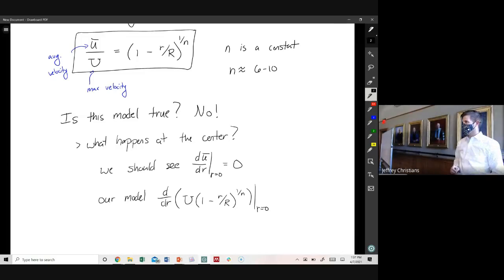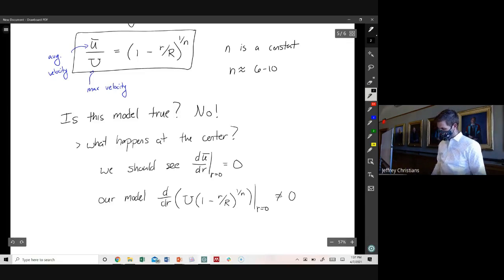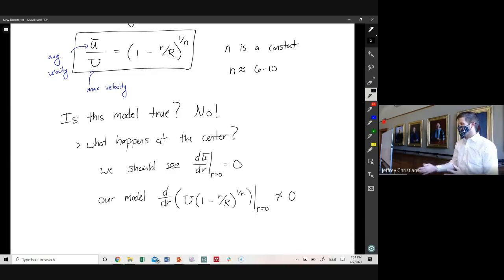You can do this at home, or you can just trust me that that doesn't equal 0. We could take the derivative and evaluate it at 0. It should be equal to 0, it's not. So even asking it a basic question like, do you accurately model what's happening at the center? The answer is no.